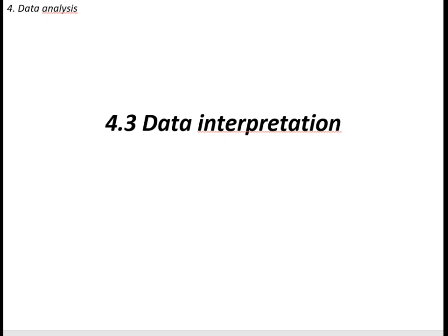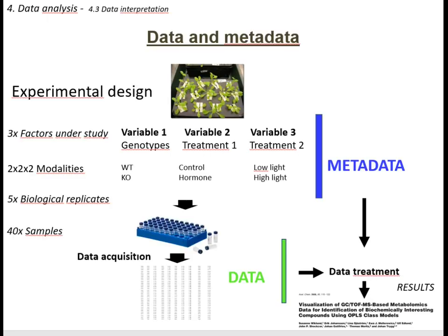Let's see now how we can interpret the data. An experimental design is made of data and metadata. Metadata is all the data about the data. So you can put in this category a lot of things, like when you did the experiment, who did it, and all the information about the biological material: what genotypes, where did you buy them, how many, when did you sow the seeds, and when did you collect, and so on.